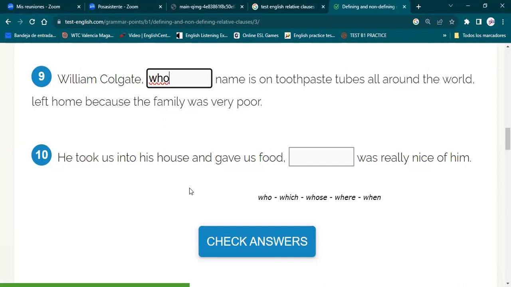So Guido, where? I'm talking about an action, the action of giving food. When? When?